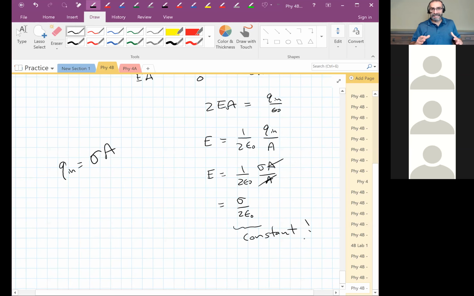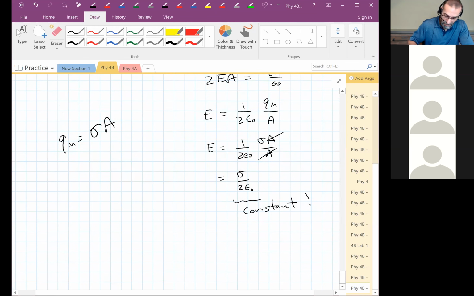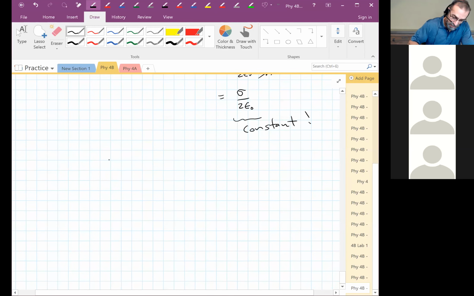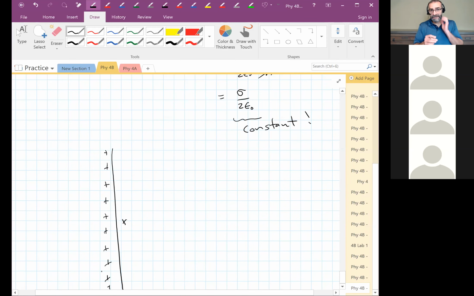So the reason this is constant, well, let's not go through all the math, but picture this. Here's our infinite sheet of charge. If we're standing very close to that sheet of charge, because the electric field is a vector quantity, the stuff out at the ends almost exactly cancels out, right?